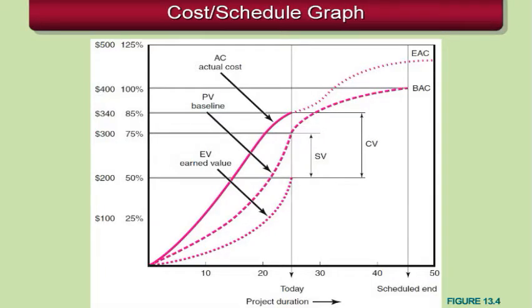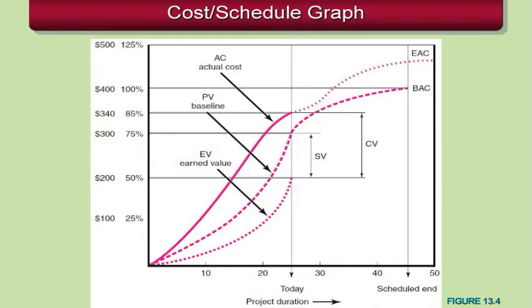Let's take a look at the cost schedule graph here. And in this graph, we've plotted actual costs, our planned value or baseline cost, and our earned value. And what you can see from this is how the variances are represented graphically. You can see the schedule variance is simply the difference between the earned value and the planned value, and the cost variance is the difference between the earned value and the actual cost.